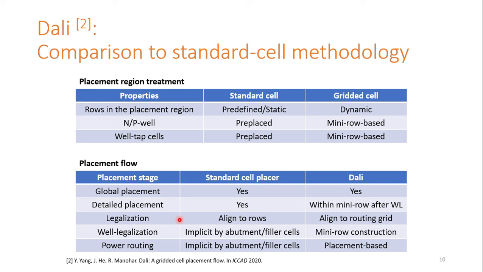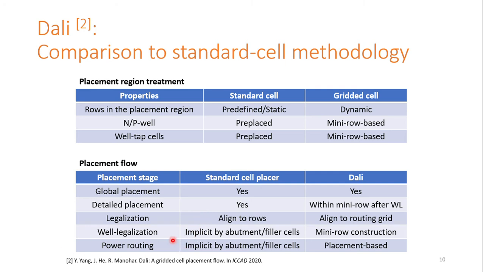For legalization, standard cell placer aligns cells to rows of cells, while DALI aligns cells to routing grids. For well legalization, standard cell placers implicitly do this by using abutment or filler cells, while in DALI, it explicitly constructs mini rows to perform well legalization.